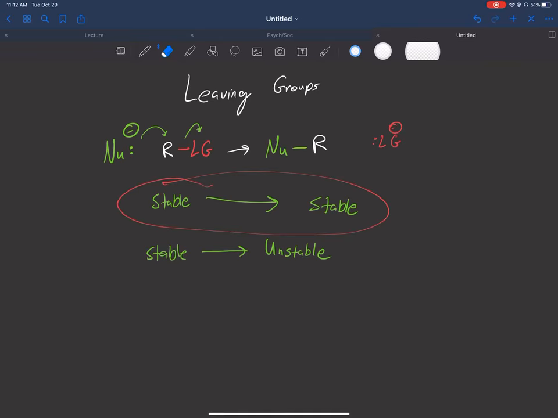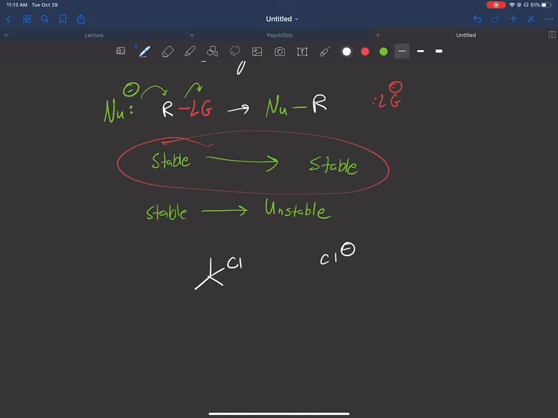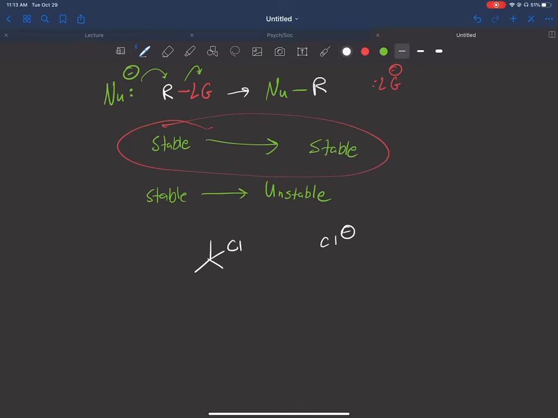So in the previous example, I used chlorine and bromine, all right? Well, you got to think back to periodic trends. Chlorine, I had something like this, right? And when it left, I got Cl minus, right? Chlorine is pretty electronegative, right?